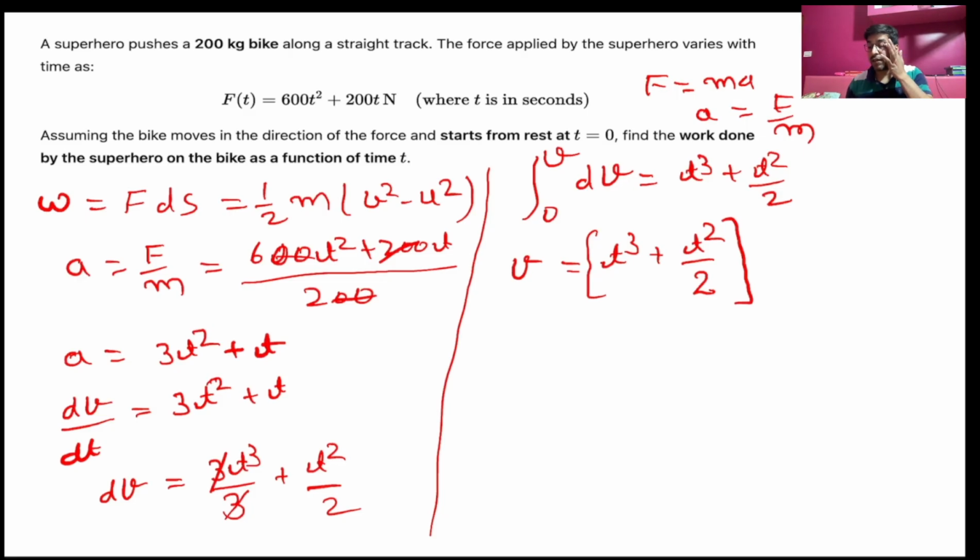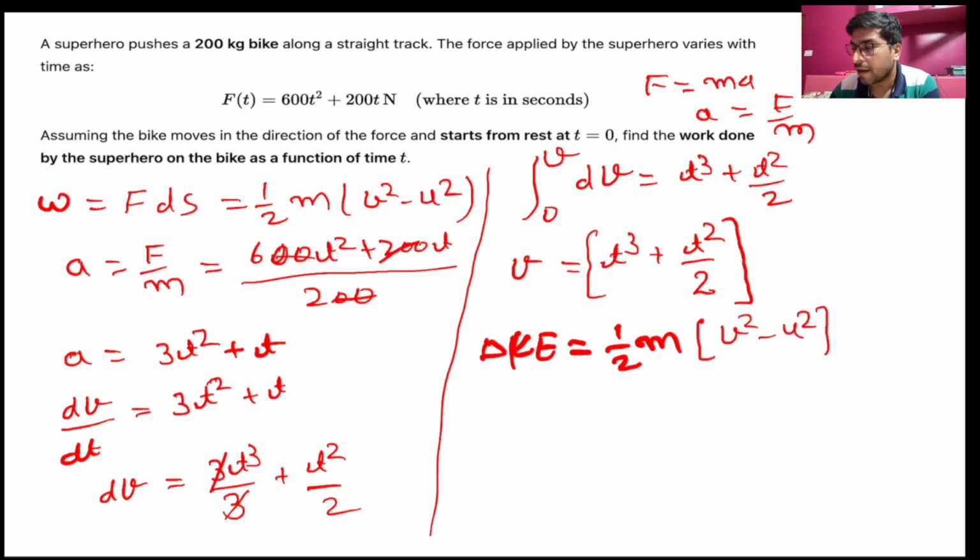And here we know that work done is equal to change in kinetic energy, right? So change in kinetic energy is equal to half into m into v square minus u square, and u is given how much? 0 at initial condition, so it will become half into 200 into t cube plus t square by 2 whole square.